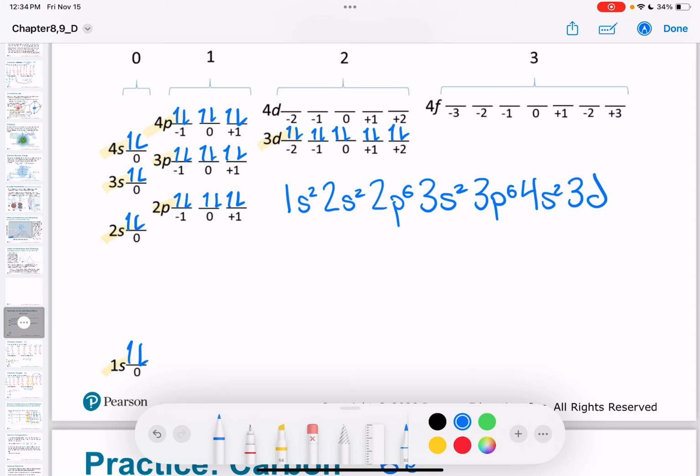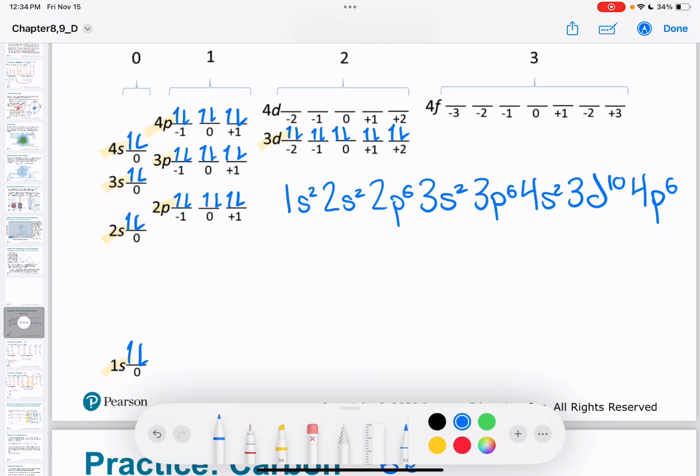Remember, 4s comes before 3d because its shape allows additional access to the nucleus. And so it is typically slightly lower in energy than the 3d. Okay, 3d10, 4p6.